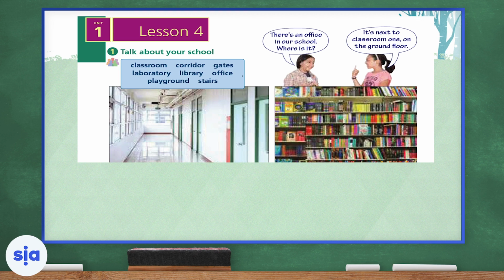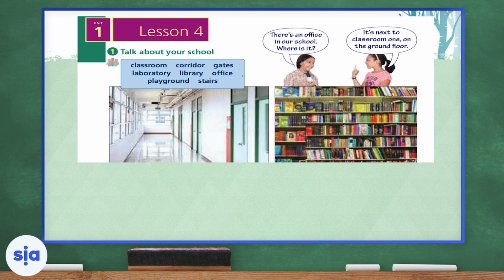I see the playground on the left-hand side where kids enjoy their break. The principal's office is on the right-hand side, and the laboratories are on the second floor. So you can use at least 5 or 6 words to talk about your school.